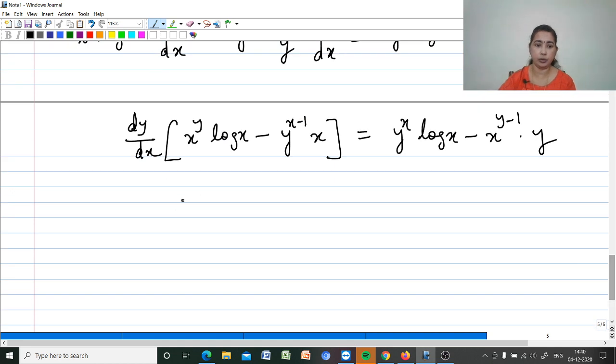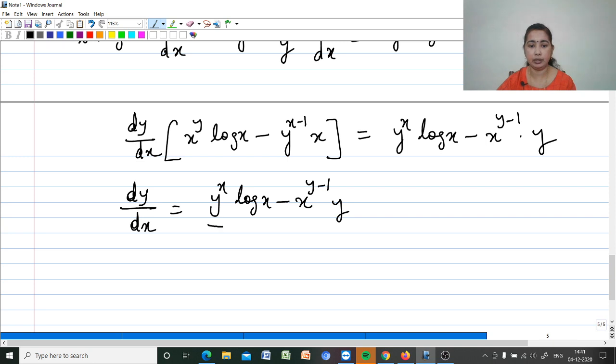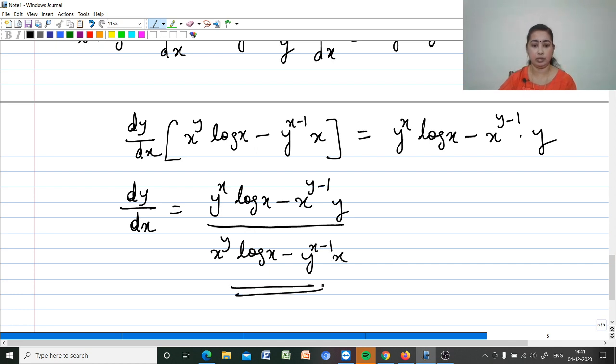Now, what is dy by dx? dy by dx equal to y raised to x log x minus x raised to y minus 1 into y, divided by x raised to y log x minus y raised to x minus 1 into x. So, that is dy by dx.